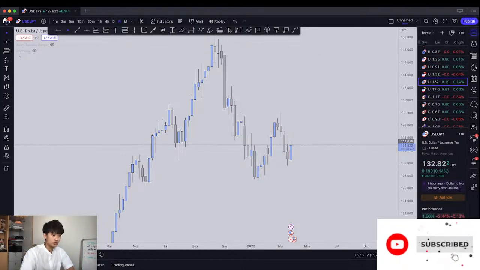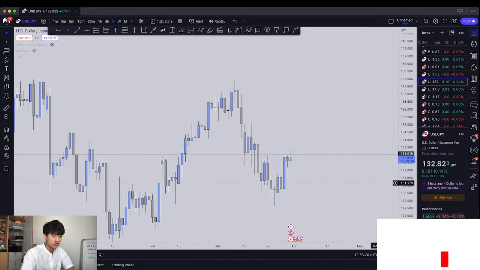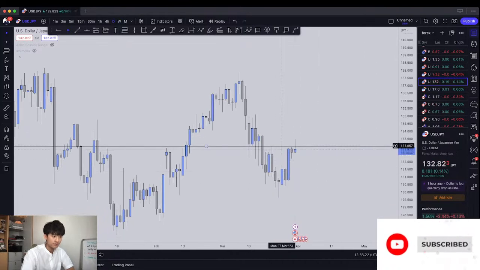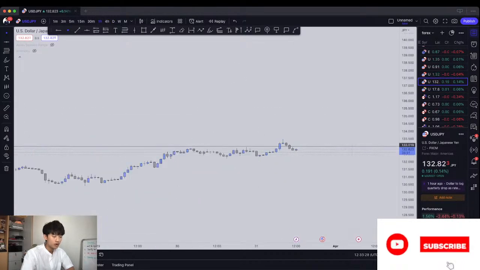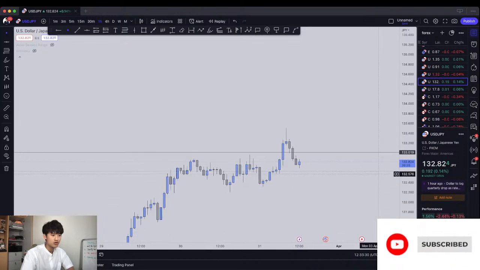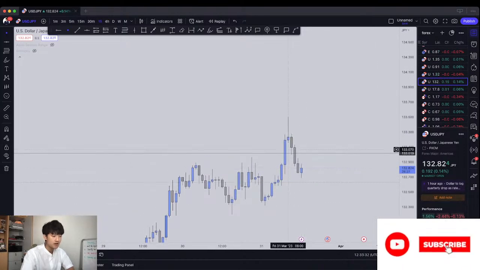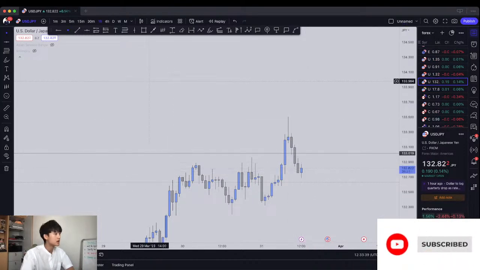Okay, if I'm going down to the daily time frame, we see some very strong rejection coming off this high here. The high has been taken out and is currently rejecting. And if we go down to the 4-hour time frame or even the 1-hour time frame, we see very strong rejection of this specific high. Currently the latest candle is printing bullish, but there's still another 26 minutes on the 1-hour time frame.